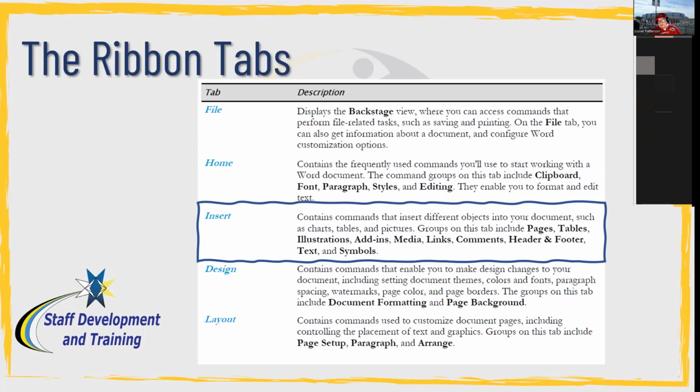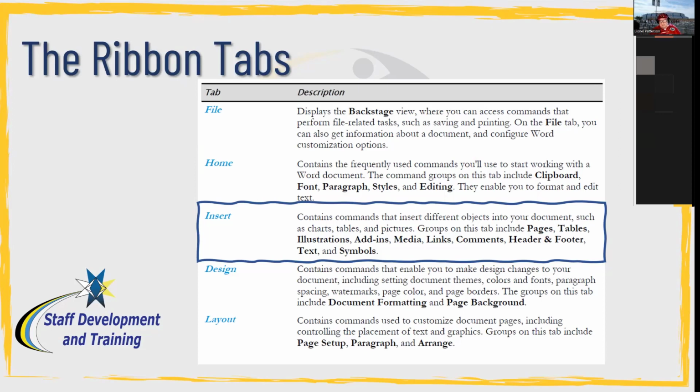Add-ins is another feature where you can download extensions to your application software to help you enhance your experience with Microsoft Word. And of course, you have media, links, comments, header and footer, text, and symbols. We're going to focus the majority of today's session on the insert tab. So again, inserting into our document.